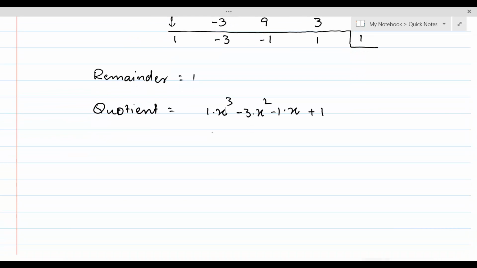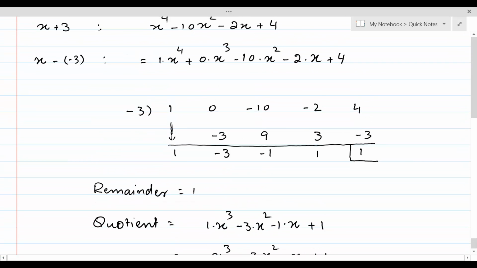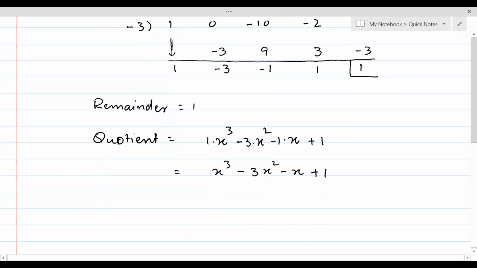Therefore, we found the remainder equal to 1 and quotient equal to x cube minus 3x square minus x plus 1. This is the quotient when x4 minus 10x square minus 2x plus 4 is divided by x plus 3 by using synthetic division.